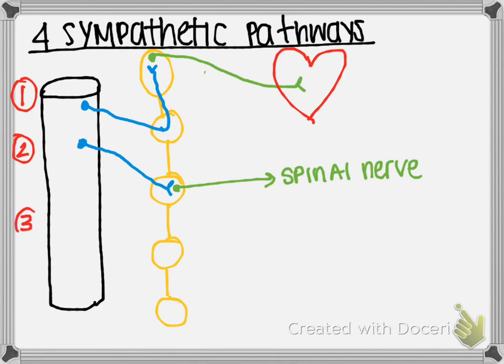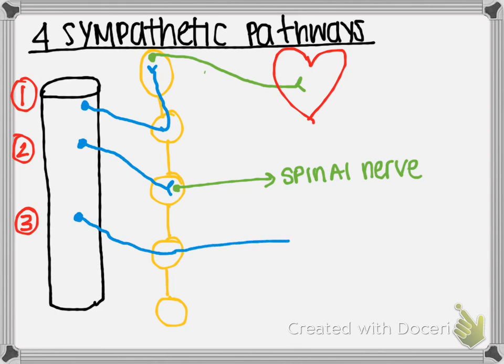Okay, so the third option is a little trickier. So this is the splanchnic pathway. And in the splanchnic pathway, we again have the preganglionic neuron coming off the spinal cord, going to the paravertebral ganglia, but in this case it does not synapse.